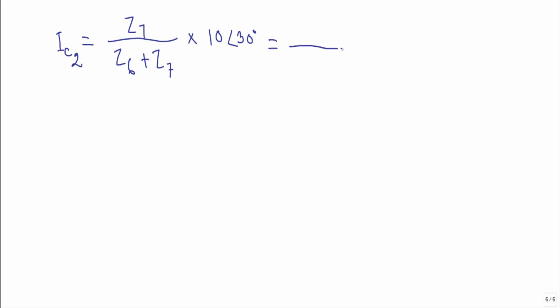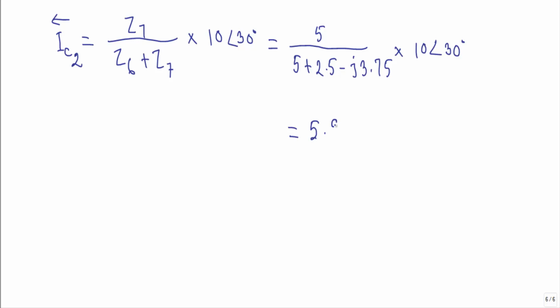Z7 is only 5 and Z6 is equal to 2.5 minus J3.75, into 10 phase angle 30 degree. So IC2 will be flowing from right to left, and it will be equal to 5.96 with phase angle 56.57 degree.